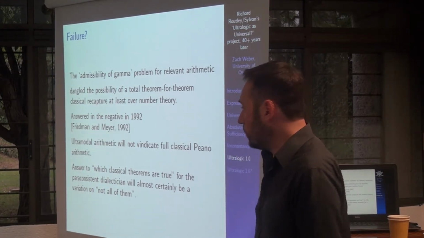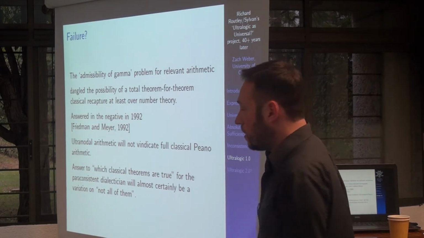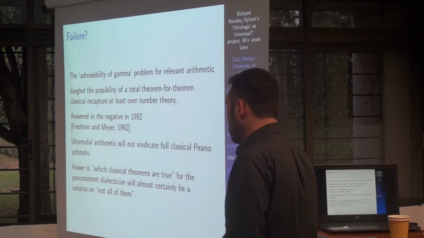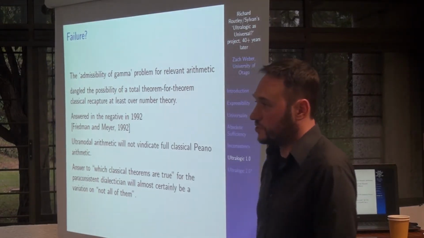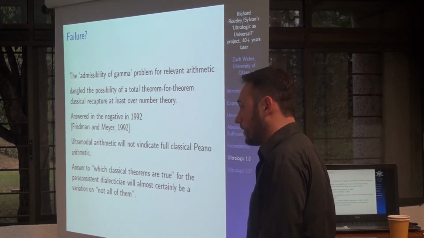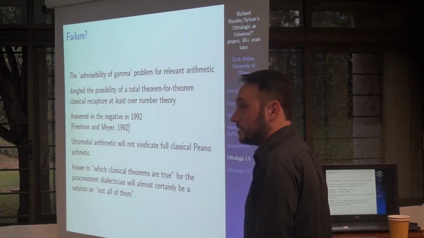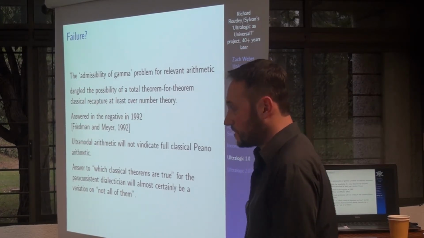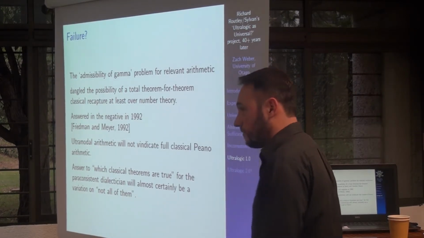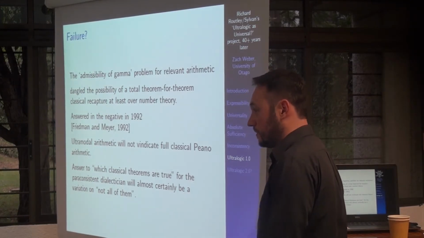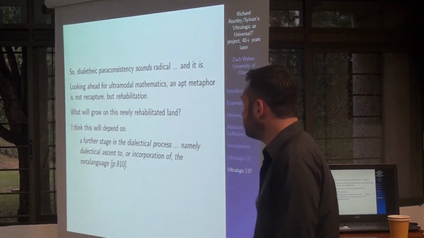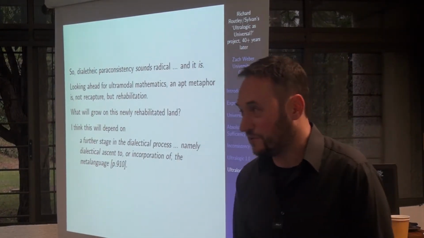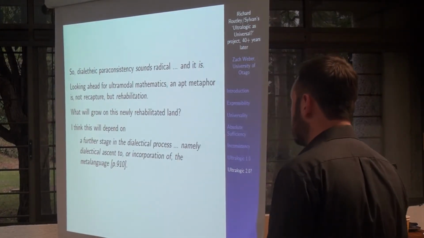So the answer to which classical theorems are true or provable for the paraconsistent dialethicist will have to be some version of not all of them. So I think anyone interested in this program has to take seriously the idea of giving up the full theorem-for-theorem classical recapture. It's not going to happen, and it probably shouldn't. Because this sounds like a radical program, and I think it is.